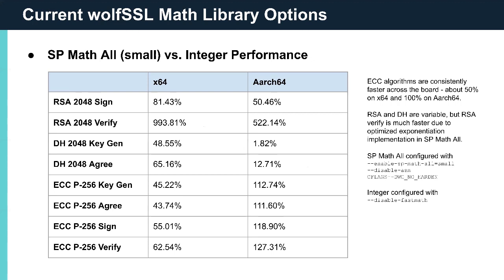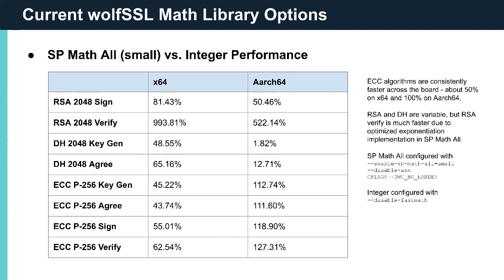This is a performance comparison of SP Math All, the small variant, versus our normal big integer library. So you can see they have RSA, DH, ECC operations on x86 and AArch64. Across the board, ECC is consistently faster, about 50% on x86 and 100% on AArch64.